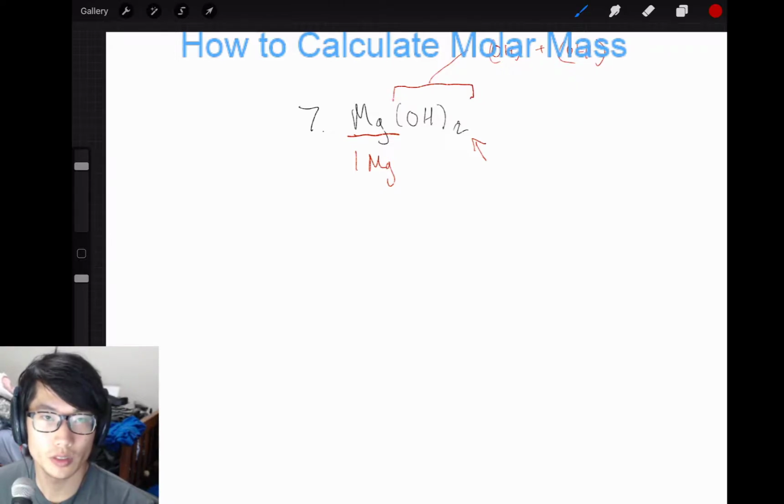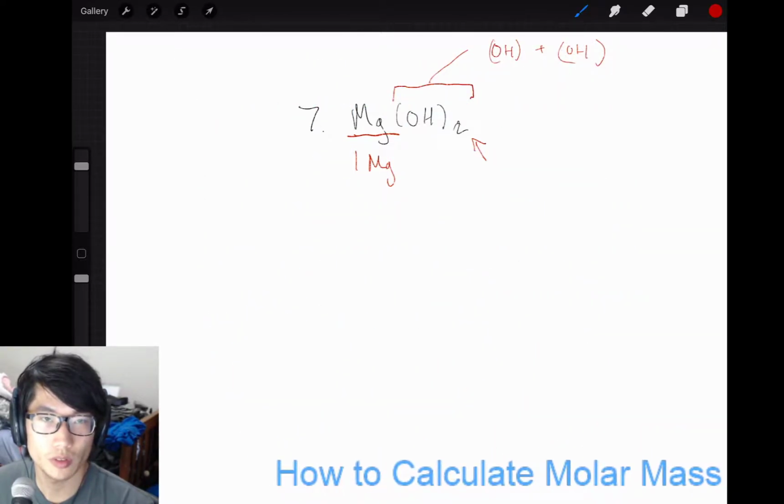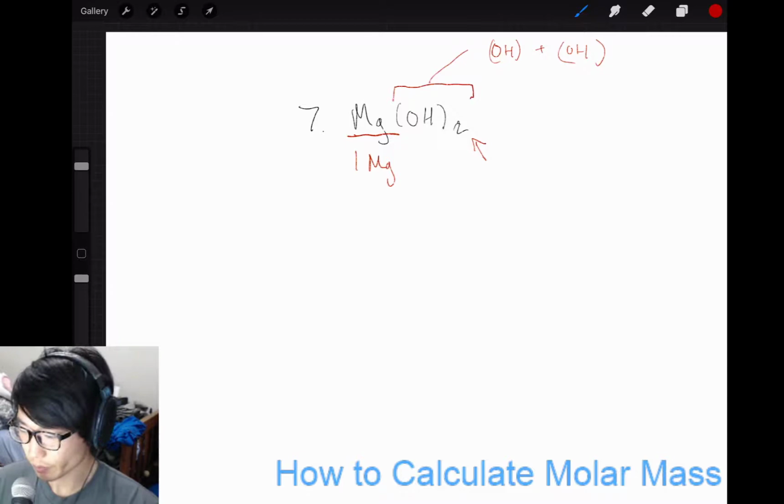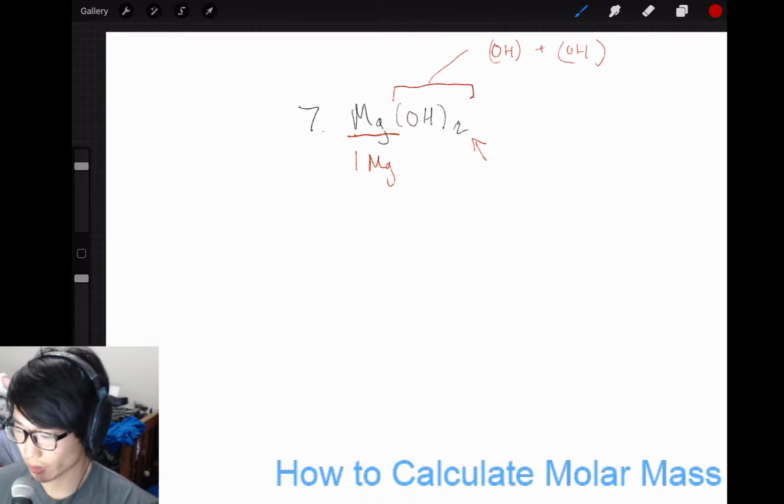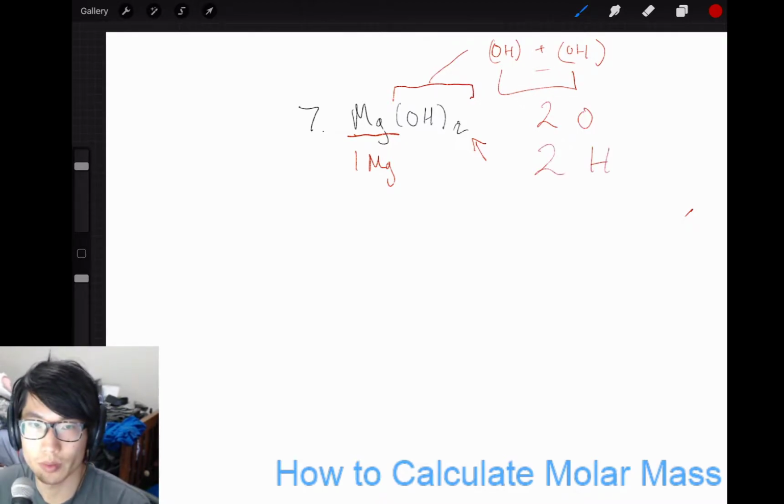So that's what that means. It means we have 2 of those things. So I'm going to look in here on the top, and I see that means I have 2 O's in there, and I have 2 H's in there as well.